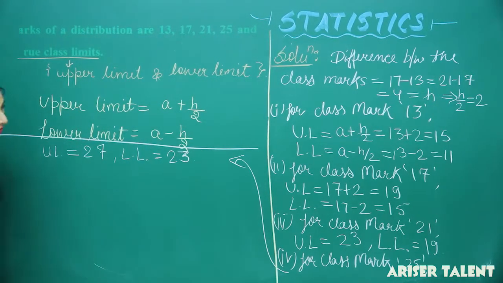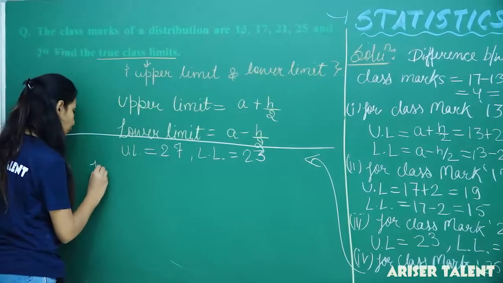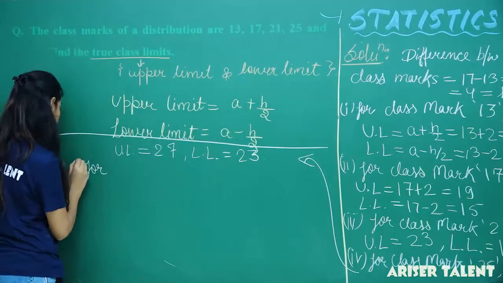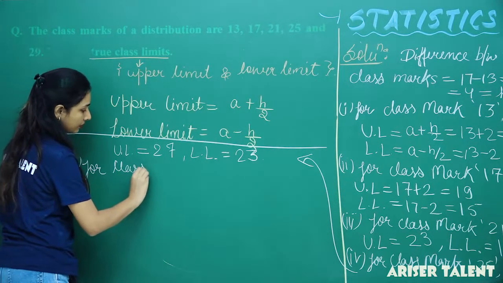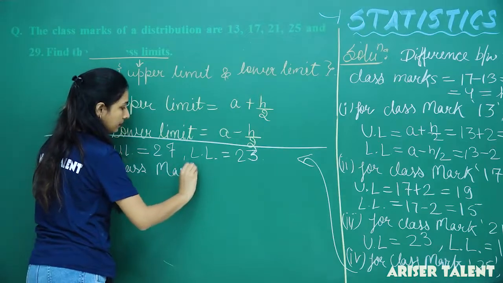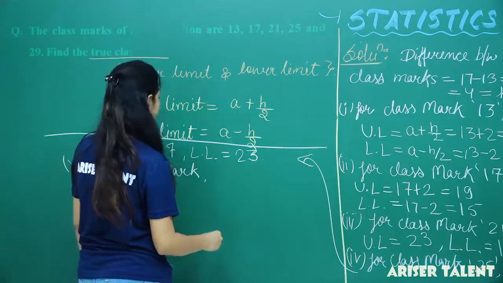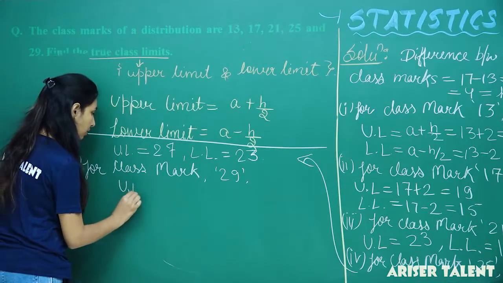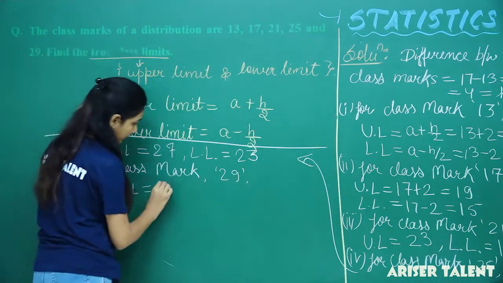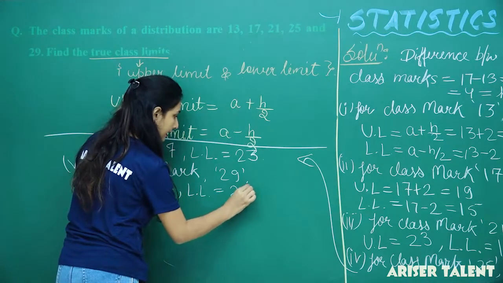Now, 25 has been done and the last one is 29. So, that is the fifth number. For class mark 29, the upper limit, you all know, 29 plus 2, 31 and the lower limit is 27.